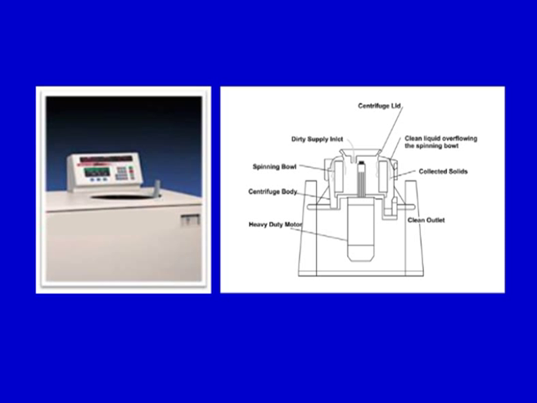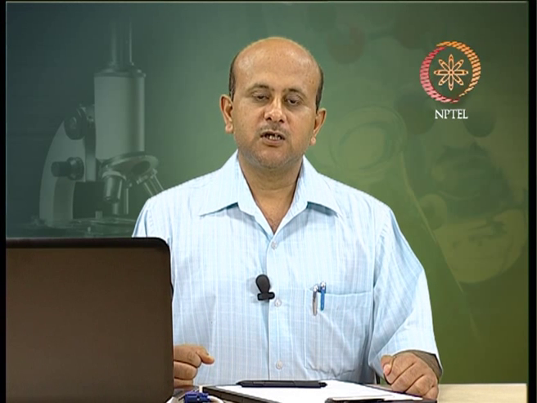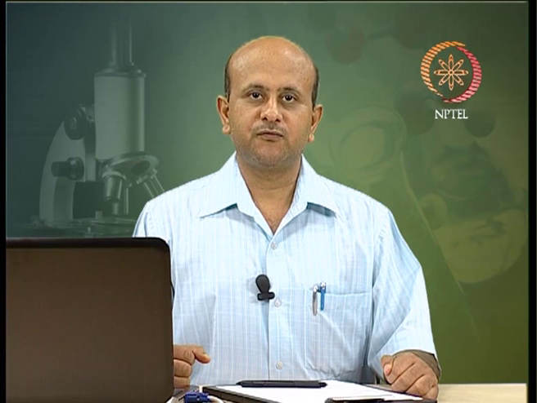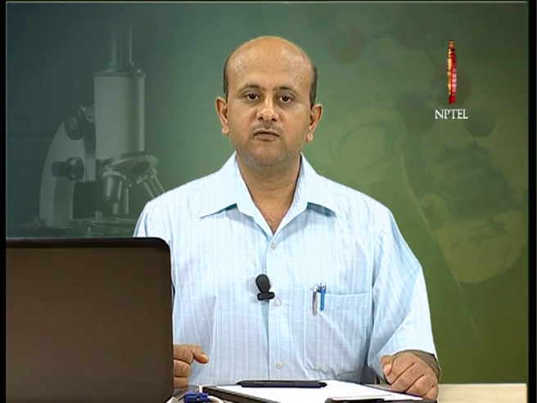This is a simple diagram of an ultracentrifuge, with a heavy duty motor and a lot of other things as we have discussed. Alright, now ultracentrifuges can be of two types, like we were discussing.